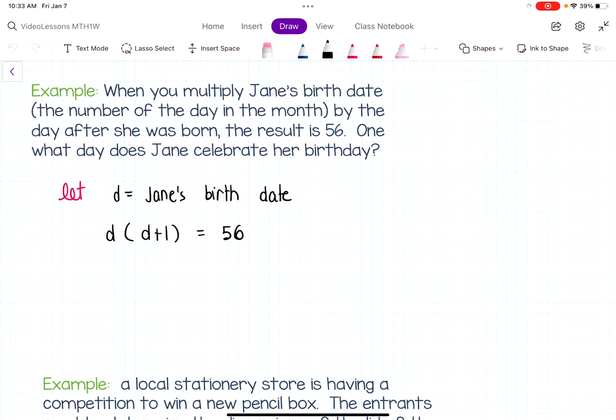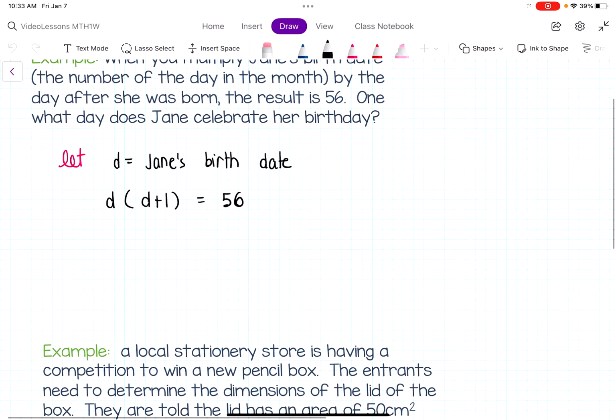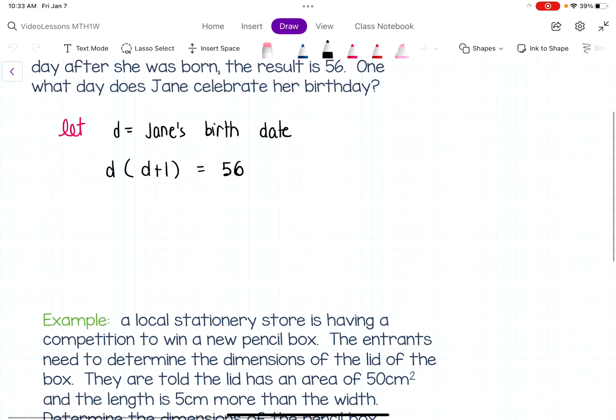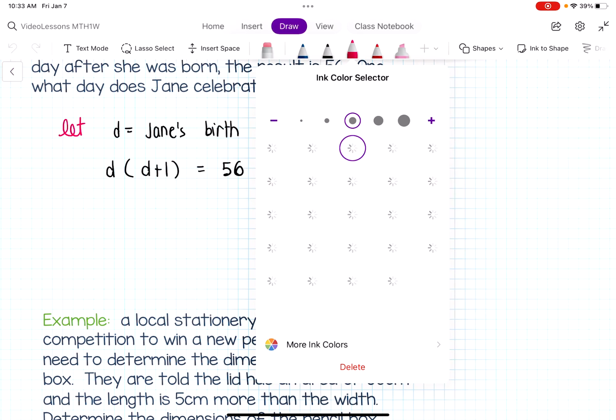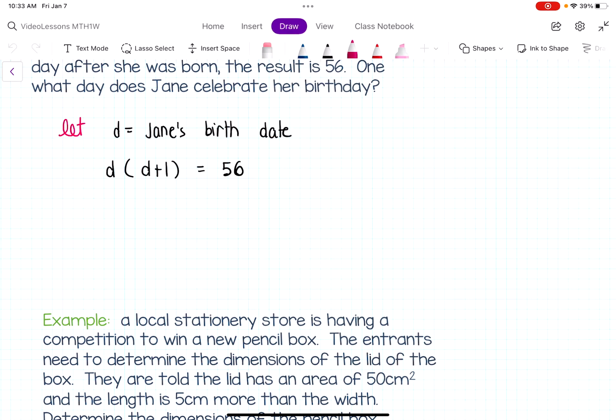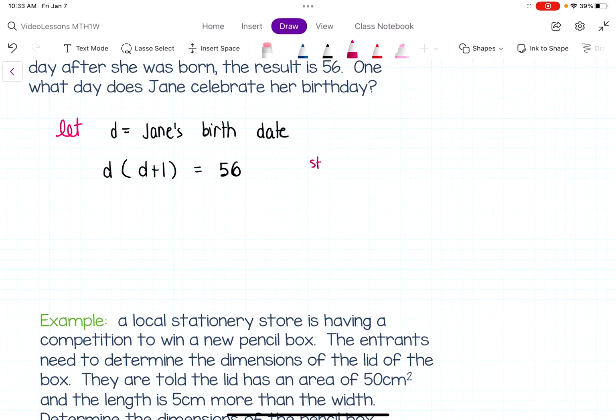So remember, the zero factor rule talks about when two things multiply to give me 0. That's not what I have here. So I cannot just start solving for D. I have to put this into standard form. So I'm going to write here, put it in standard form.